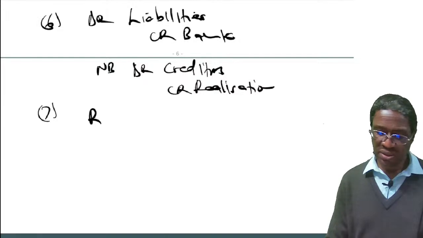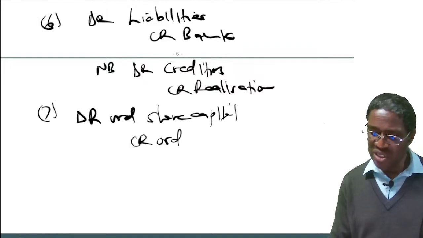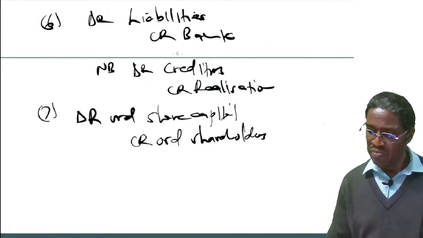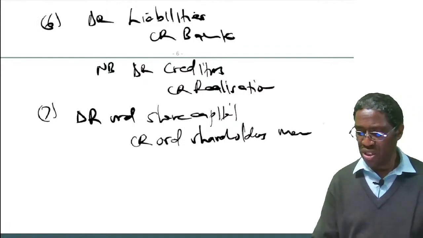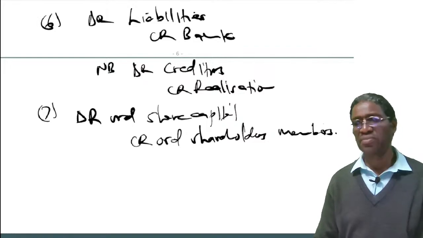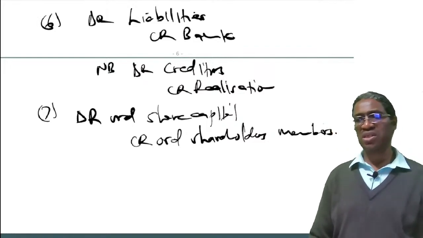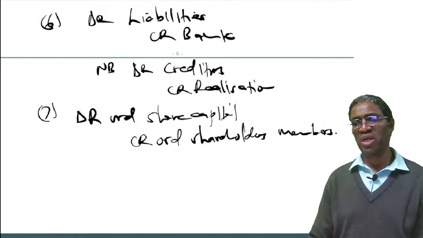Debit ordinary share capital, credit ordinary shareholders members. Okay, that's number 7. We go to number 8.